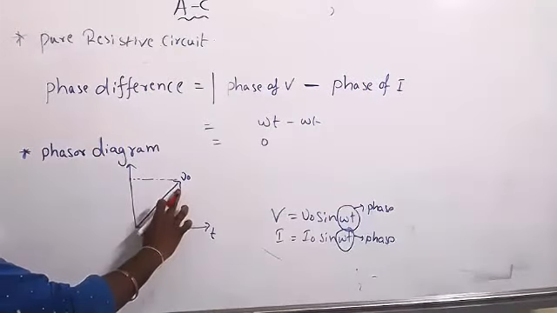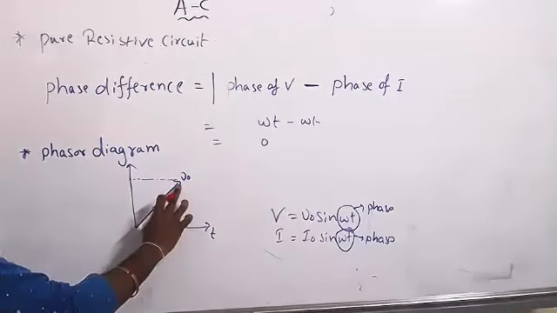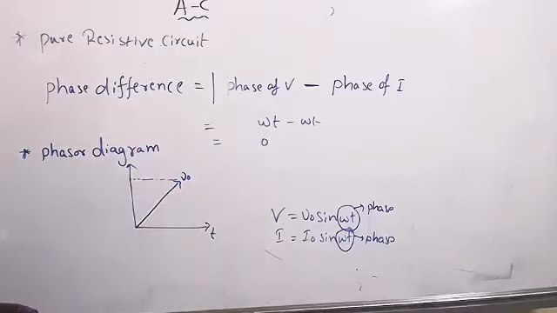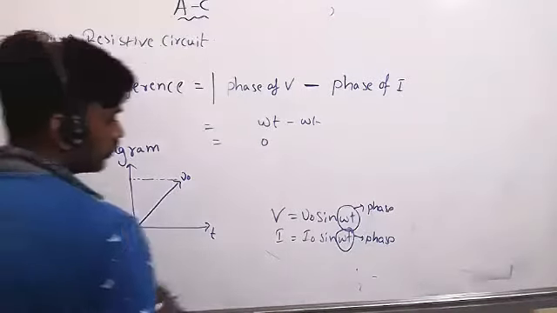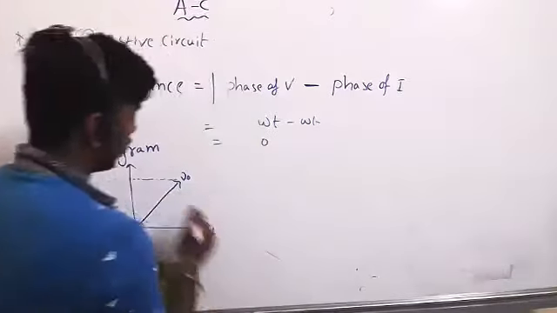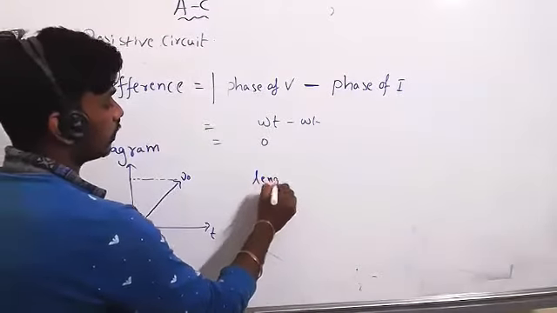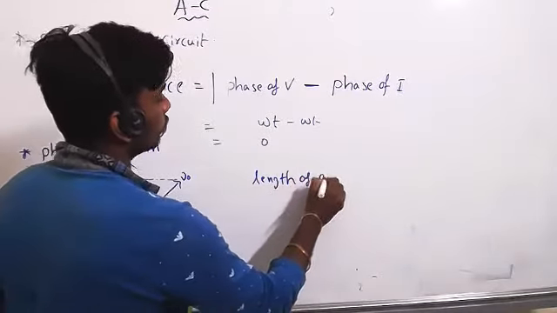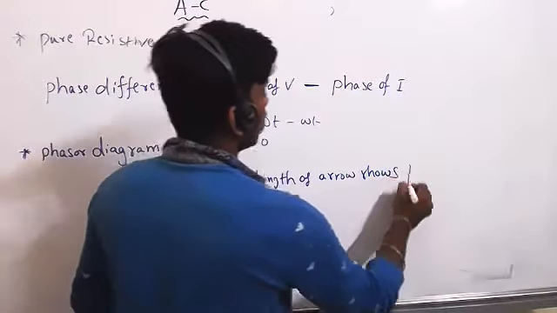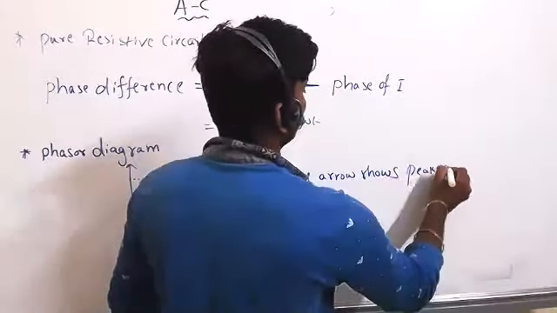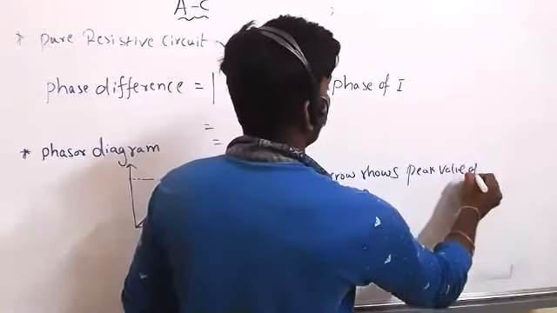The length of the arrow shows the magnitude of the voltage. Like here, the length of the arrow shows the peak value of voltage.